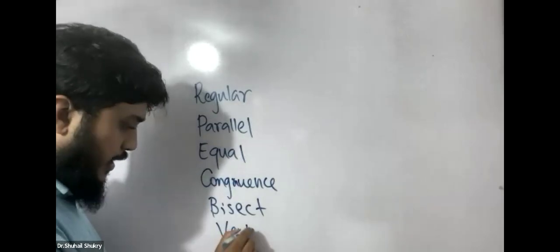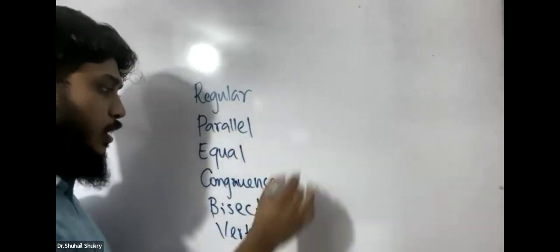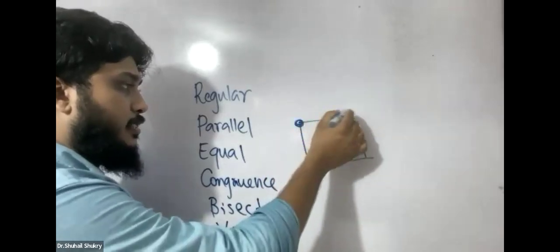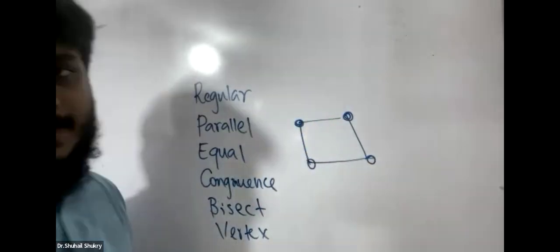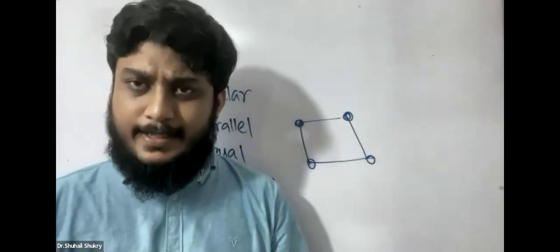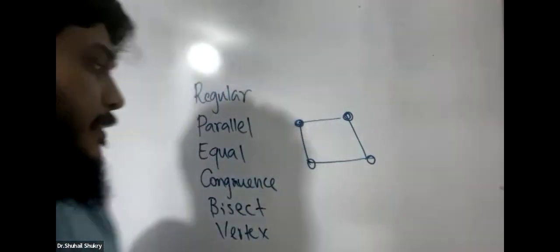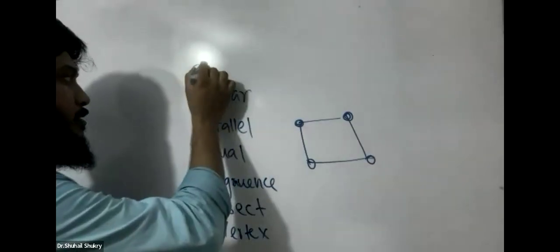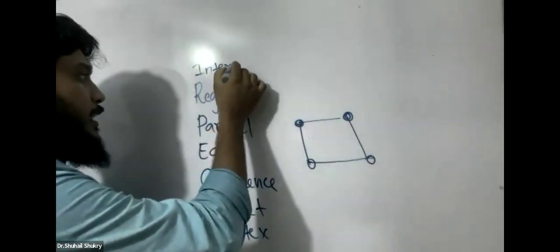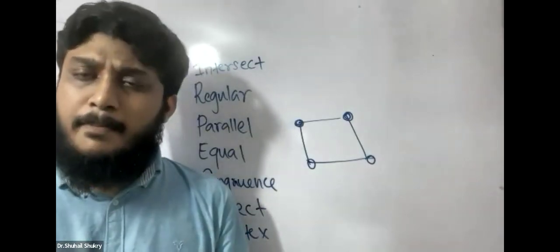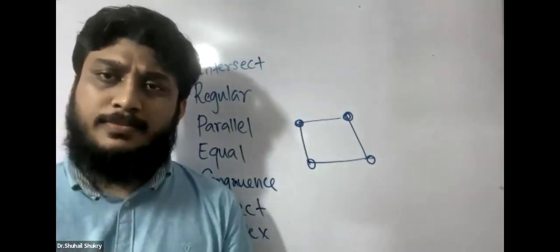Then the other word is vertex. Vertex means the corners. If you take a figure like this, these corners are vertex. There are certain words not given here, but we can add. Intersect. Intersect is different from bisect.